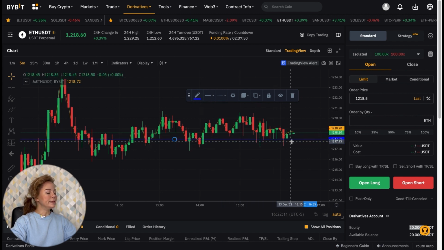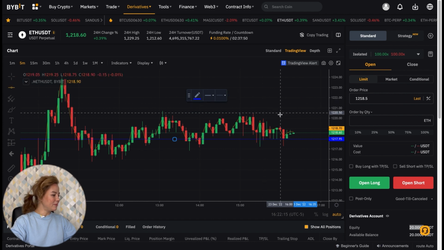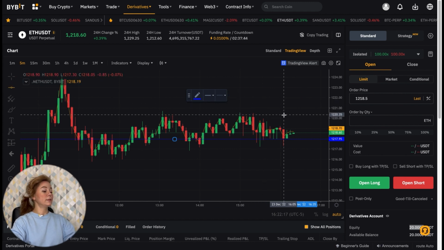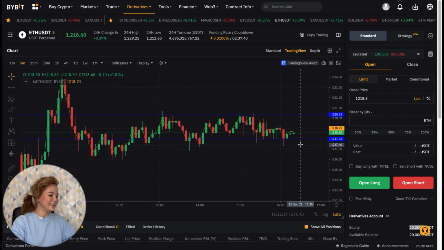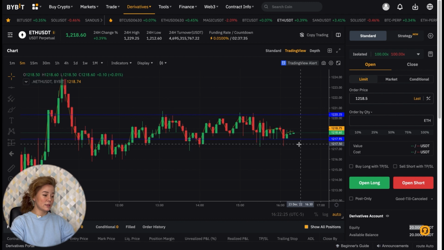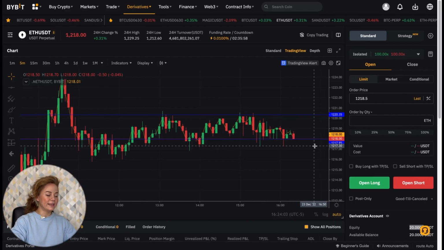a sideways phase when our price is jumping up and down within a support resistance zone that we shall mark with two lines here. You can see that the price is within the zone right now, which does not call us for action unless it reaches one of the borders. Yes, like this.